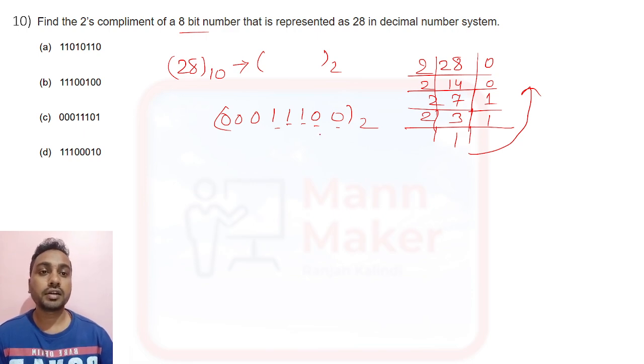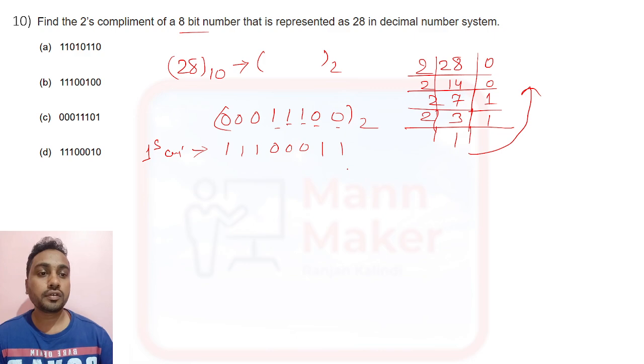Now we have to convert this into 2's complement. So for that, first you need to find the 1's complement. For 1's complement, we have to make 1 into 0 and 0 into 1. Like this, this is the 1's complement.